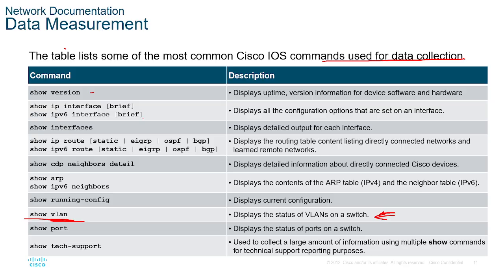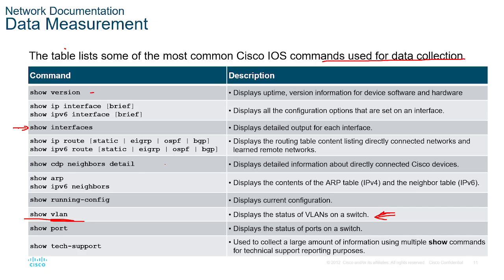Show interface displays detailed output for each interface. Here we have show ip interface brief. Show interface will give you all the interfaces. Show ip route and show ipv6 route, static, EIGRP, OSPF, BGP, IS-IS, and so on. We have a lot. It will display the routing table content, listing directly connected networks and networks learned from remote networks.